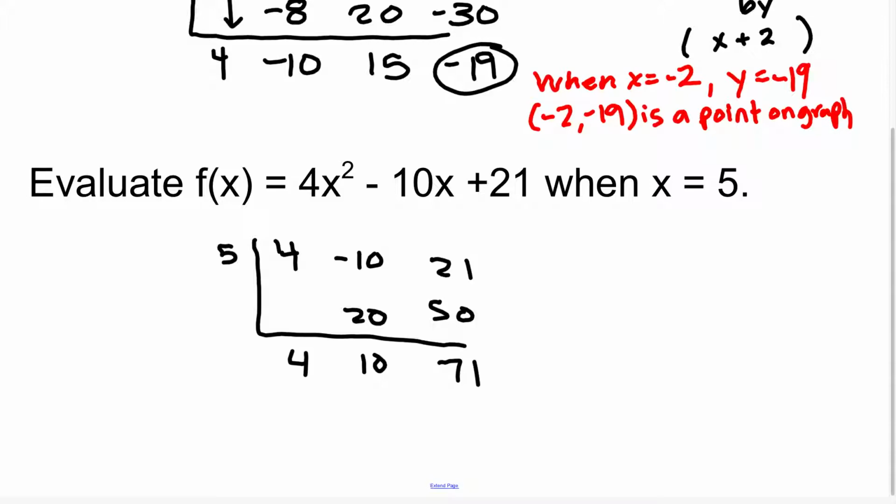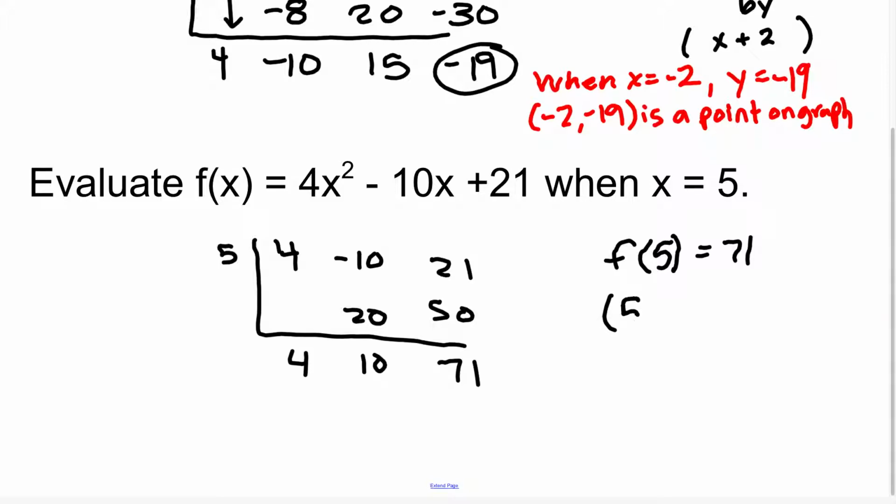Okay. The remainder is 71. So I could write this now in function notation: f of 5, the function when x equals 5, equals 71. That's also saying the same thing as when x equals -2, y equals -19, right? This is the mathematician's shorthand way of saying that.